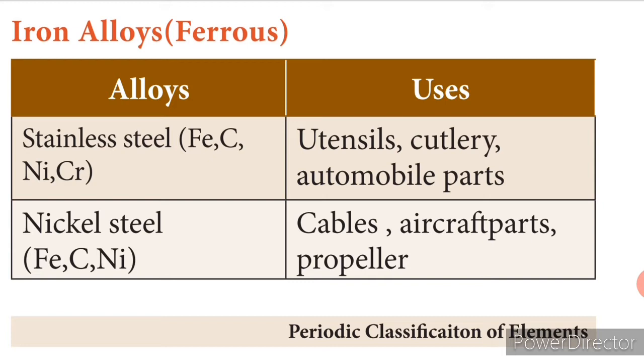For example, stainless steel, nickel steel. These were the examples that we saw, isn't it? So what are the uses of these alloys? It is used for making utensils, cutlery, in the sense the spoons and forks that we use, isn't it? And automobile parts mostly consist of ferrous alloys, cables, aircraft parts, propellants. So all these are the uses of the iron alloys or the ferrous alloys.